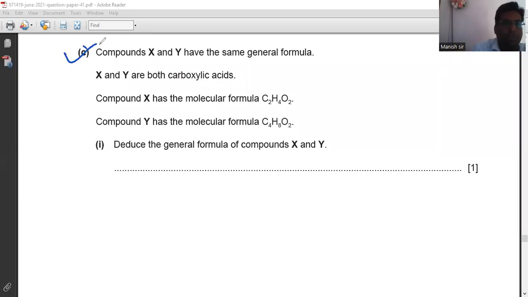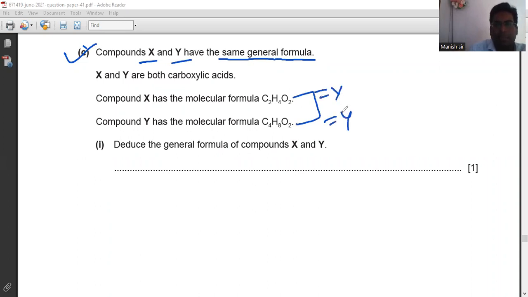Next question is compound X and Y have the same general formula, right? Same general formula for this and this. So this is the X value, this is the Y value, right? So you can observe when C is 2, hydrogen is doubled, oxygen is same. So it can be written as CnH2nO2.